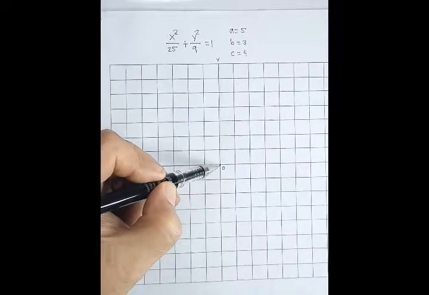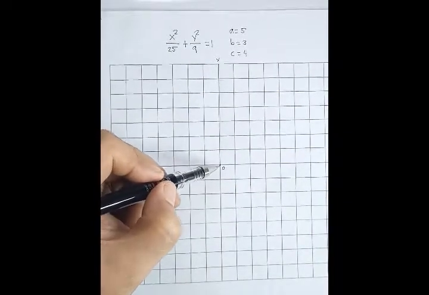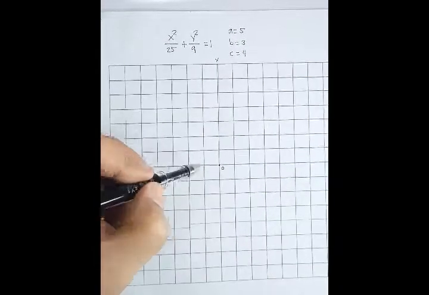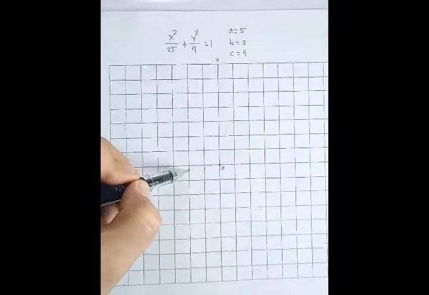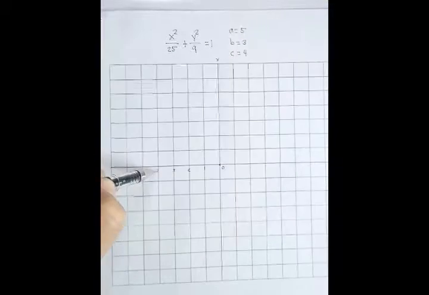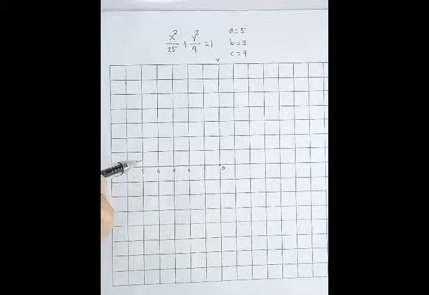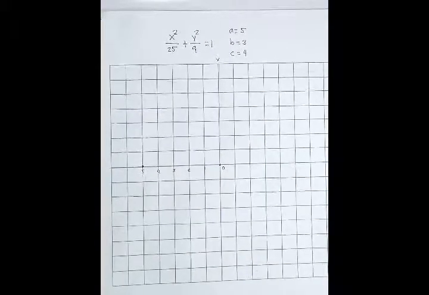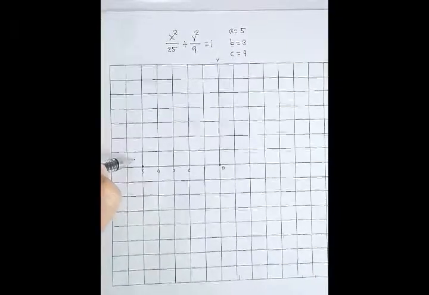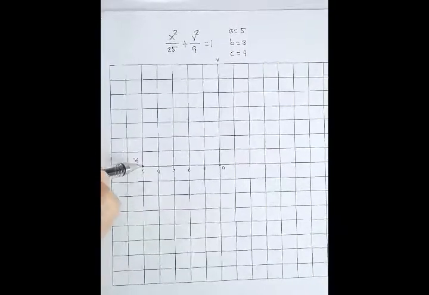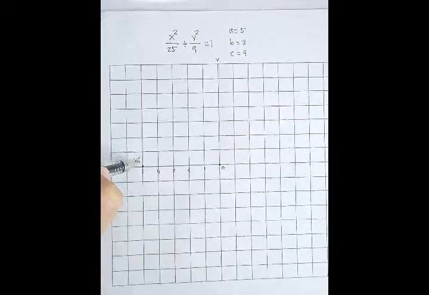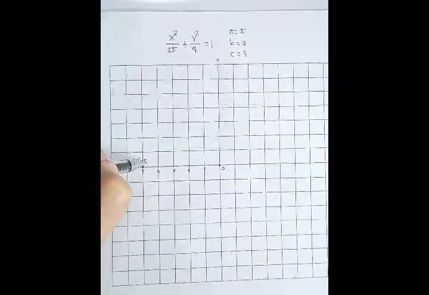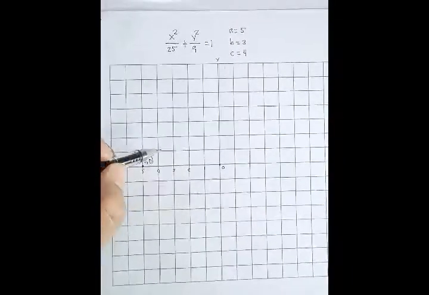So from the center of the ellipse, mukount ra ta og 5. So we have 1, 2, 3, 4, 5. So this is now our V1. So atong location na to sa V1 is at -5 and 0. So nganong negative?